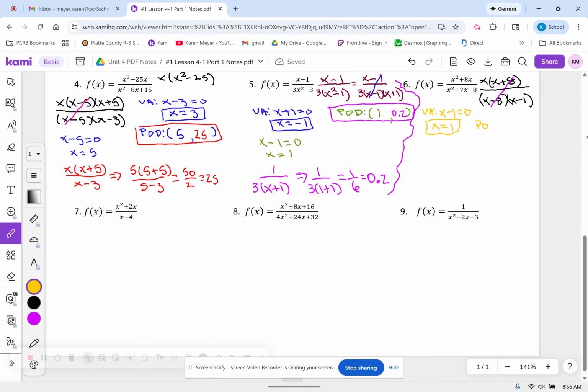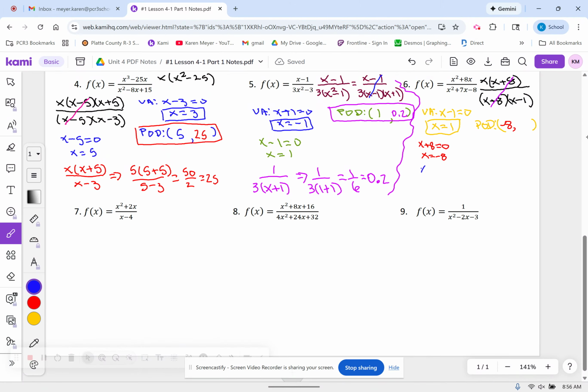So my POD is going to be an ordered pair. So I'm going to go to what I canceled out. So I'm going to take x plus 8, set it equal to 0. When I solve it, I get negative 8. So that is my x value of the POD. So now I go back to my expression, and what did I have left on my expression?